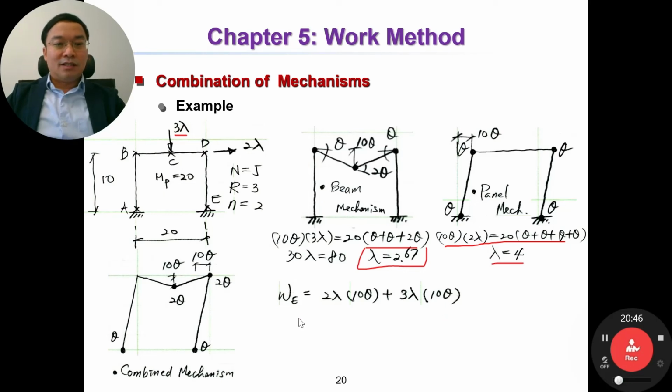That is external work, and internal work equal to 20 multiplied by 6 theta: 1, 2, 3, 4, 5, 6.